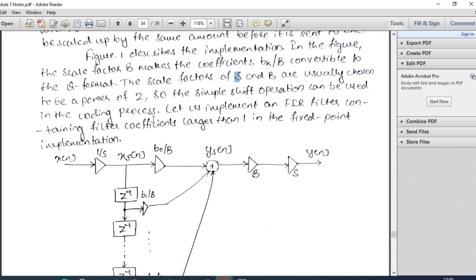To scale down, you have to do division, and that can be accomplished using a shift operation. If I shift to the left or to the right, I can perform multiplication and division. So using shifting operations, we can implement the scaling factor operation in code also.